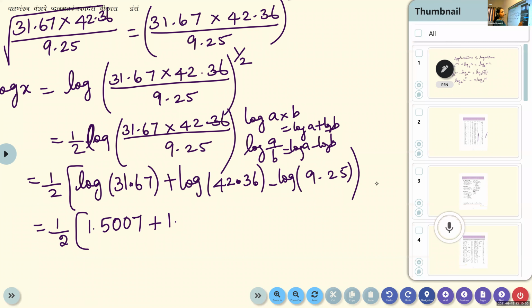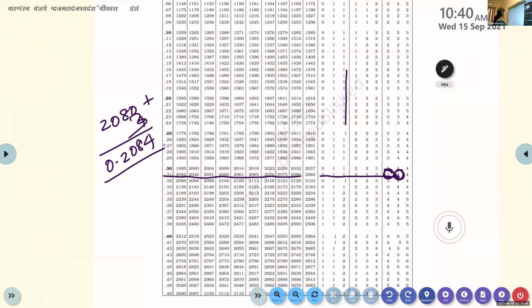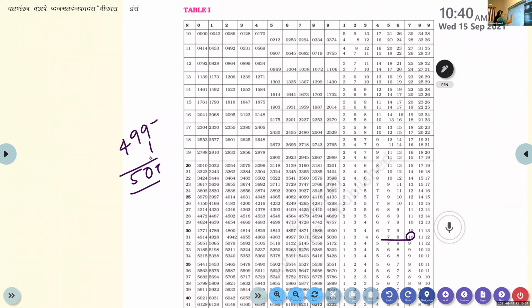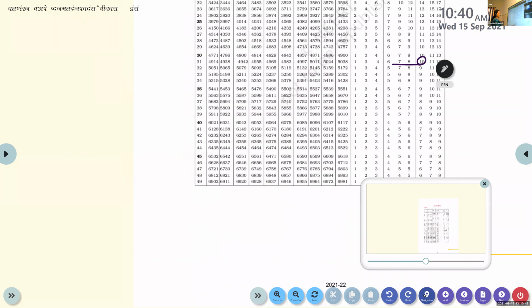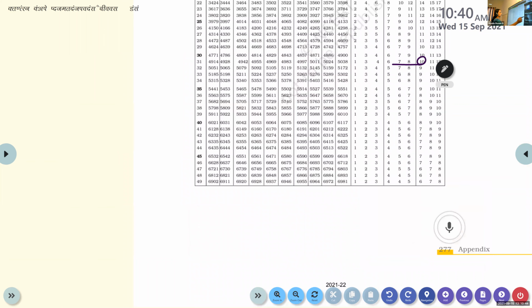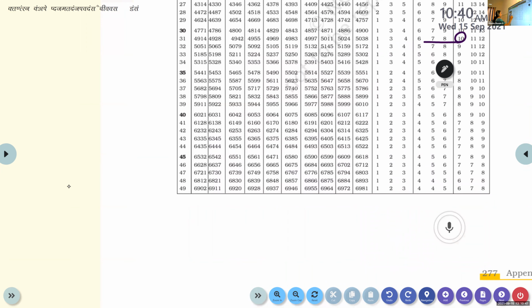4236. So 42, then 0, 1, 2, 3. Is it 6263? 6263. The next is 6: 1, 2, 3, 4, 5, 6.